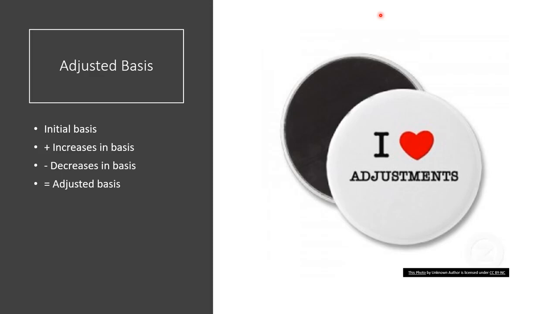After that, though, certain events may occur during the period of ownership that may increase or decrease basis, resulting in an adjusted basis. Increase basis by items such as the cost of improvements that add to the value of the property, and decrease it by items such as allowable depreciation and insurance reimbursements for casualty and theft losses.